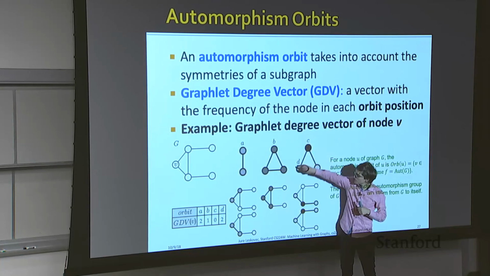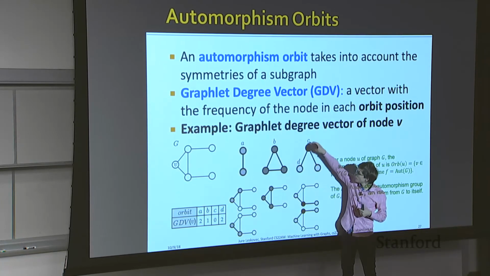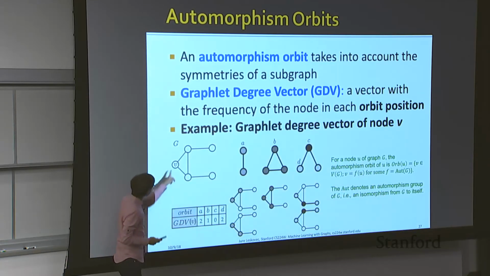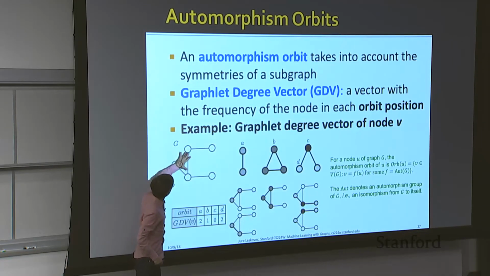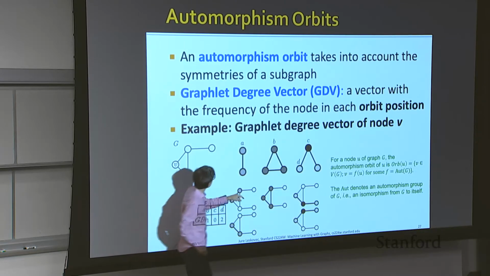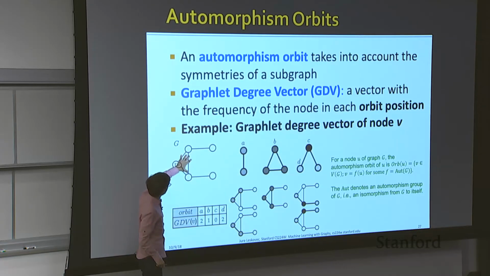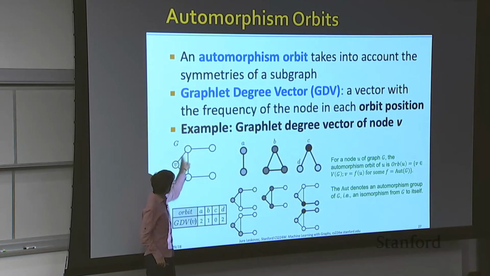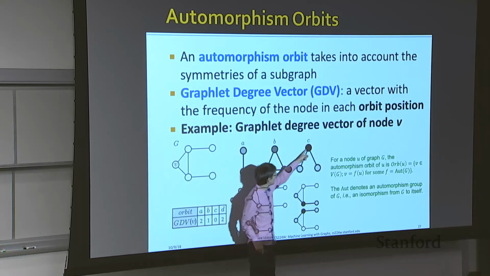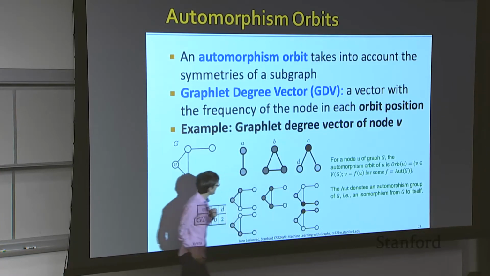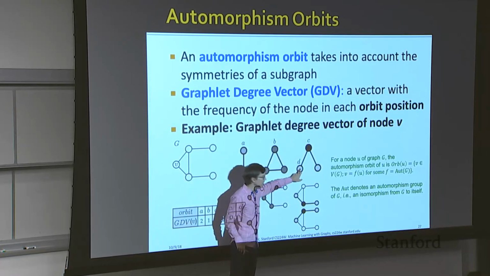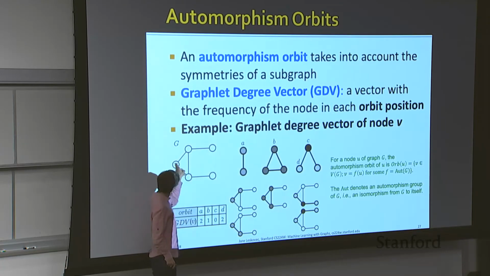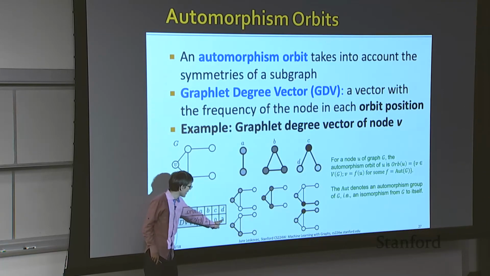Is it at this position or is it at that position? So for the orbit C, the instance of it would be here, but because, again, this is defined as an induced subgraph, I have this edge too much, so my node V does not participate at orbit C in this type of graphlet. But if now I look at the orbit D, then I see 2 instances of it, right? Here and here, and that's why I have a count of 2.